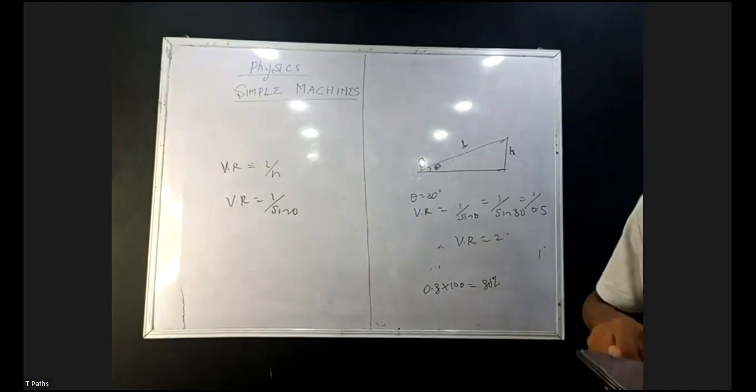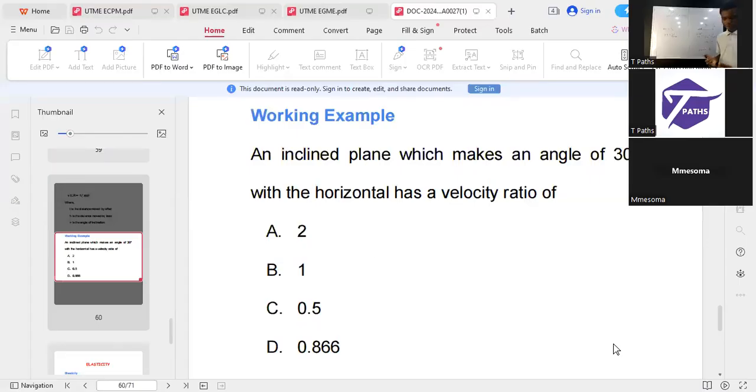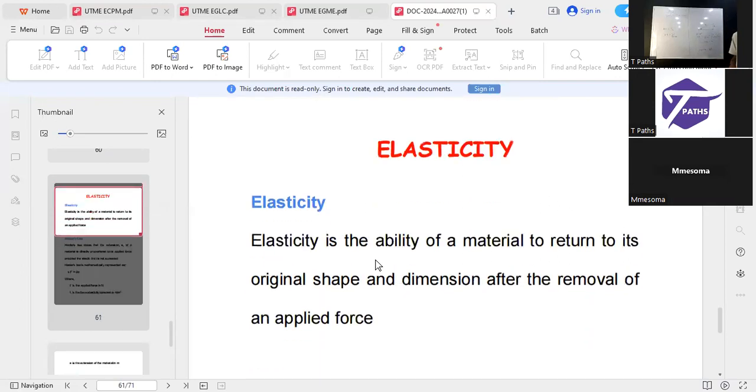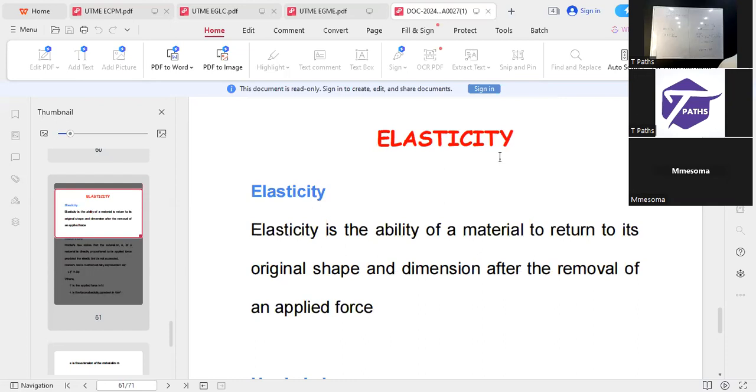So I'll move to another topic right now, elasticity. So we're moving to elasticity.